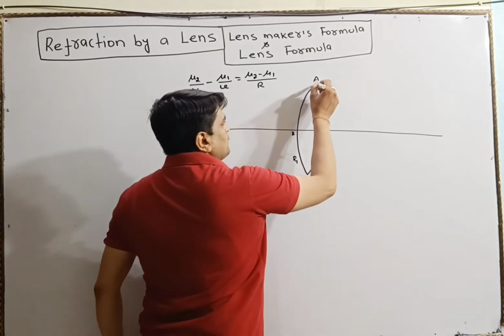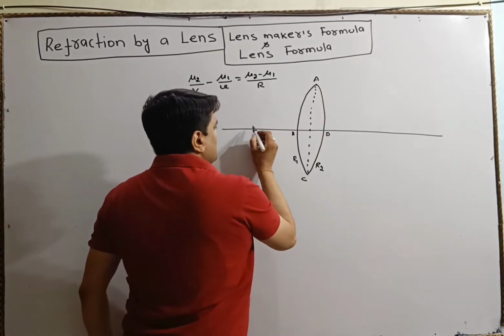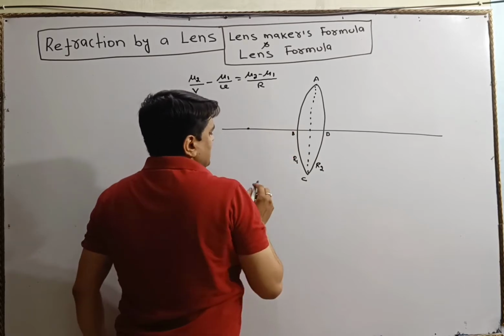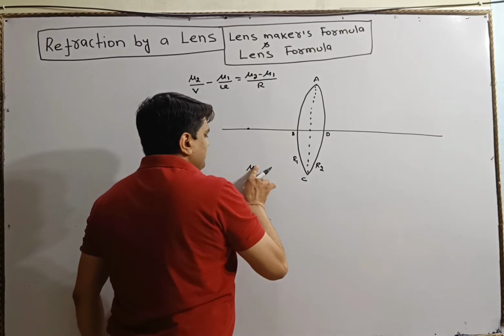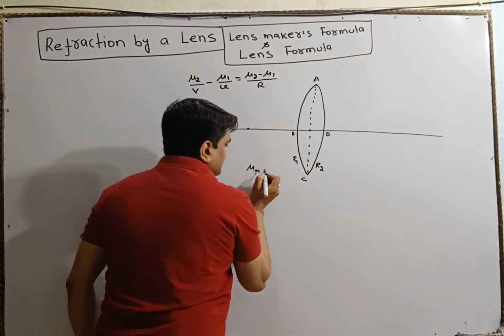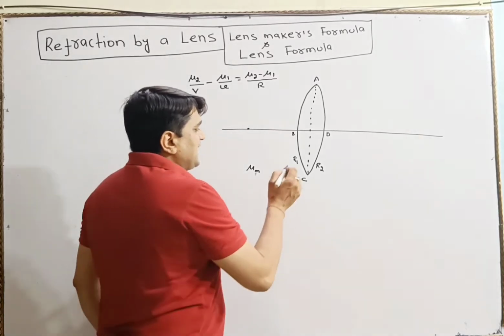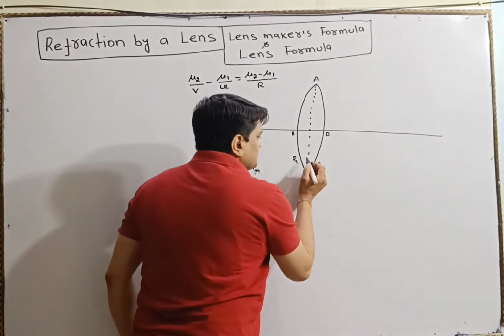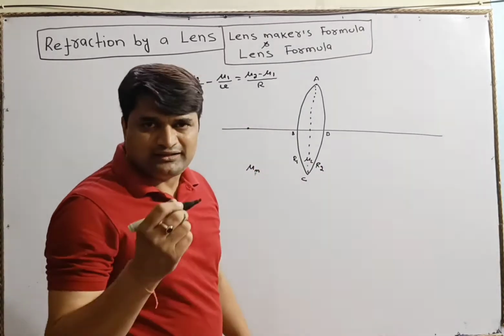Now let us consider the object is here and the medium of the object is mu m. I have written m because it is the refractive index of the medium, and the refractive index of the lens is, let us consider, mu l.